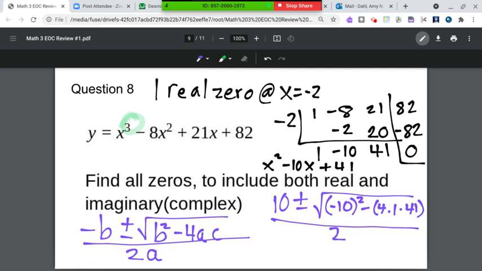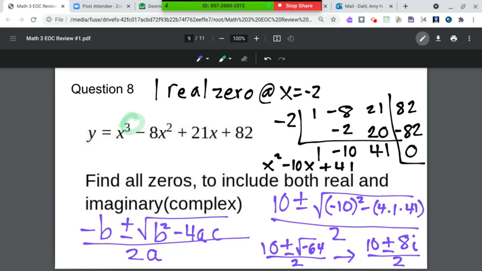Under the radical is 100 minus 164, which is negative 64. 10 plus or minus the square root of negative 64, all divided by 2. What's the square root of negative 64? It's an imaginary 8i. So this would turn to 10 plus or minus 8i all over 2.